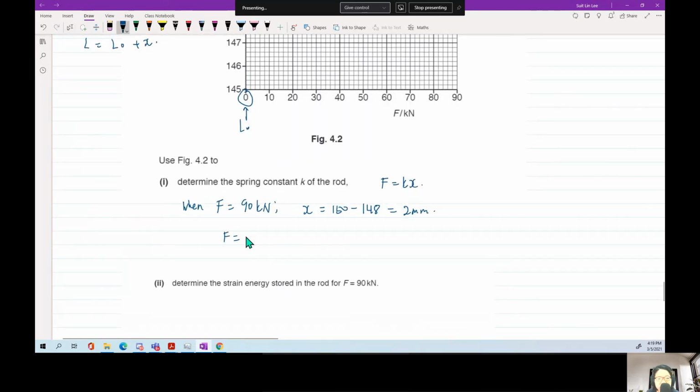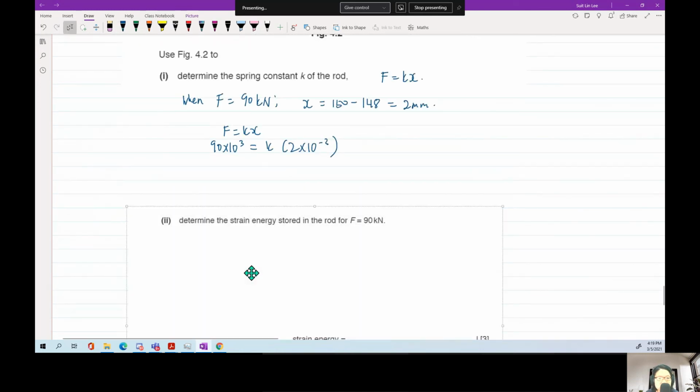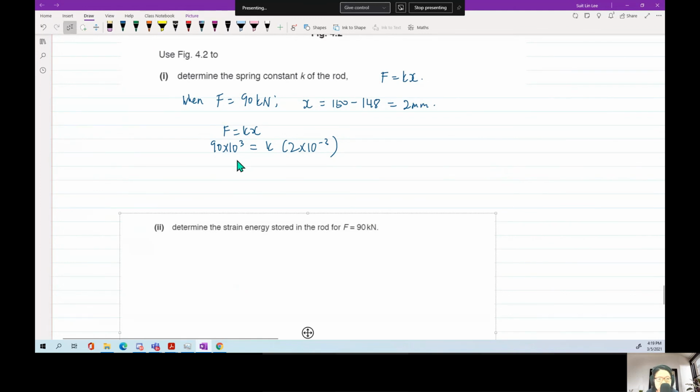Then you can substitute all. F is equal to Kx. 90 times 10 to the power of 3 is equal to K times 2 mm, 2 times 10 to the power of negative 3. So you can rearrange and find your K. I have my calculator: 90 E3 divided by 2 E negative 3.